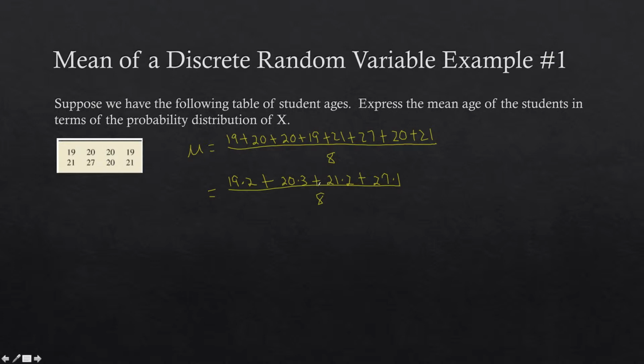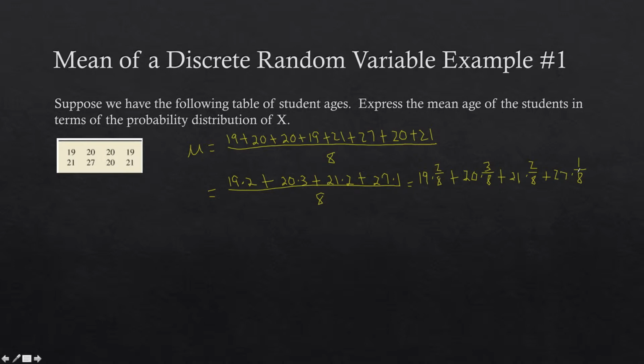Now I can divide that out even further, and I can say that this is 19 times 2 eighths plus 20 times 3 eighths plus 21 times 2 eighths plus 27 times 1 eighth. Now if you notice, that's the population distribution there.